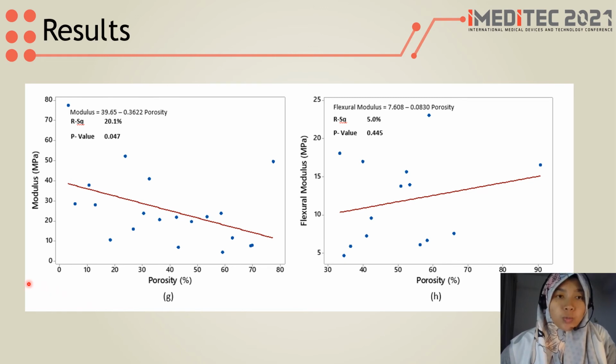And also, the modulus of cancellous bone specimen under compression test when correlated with porosity showed 20.1%, whereas the flexural modulus under three-point bending test when correlated with porosity showed 5.0%.